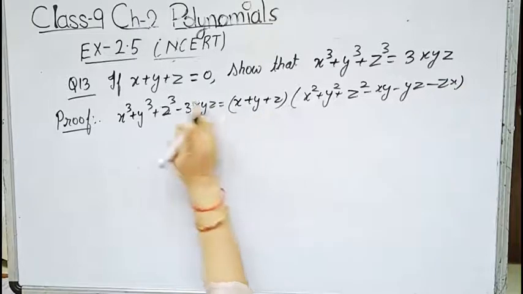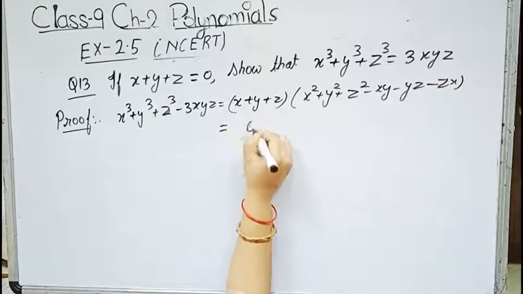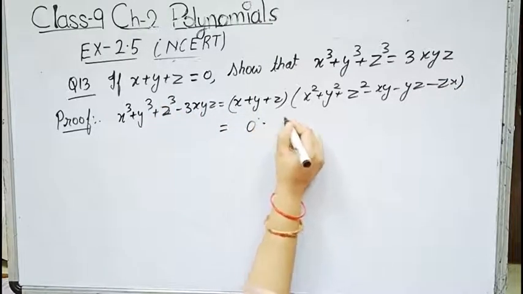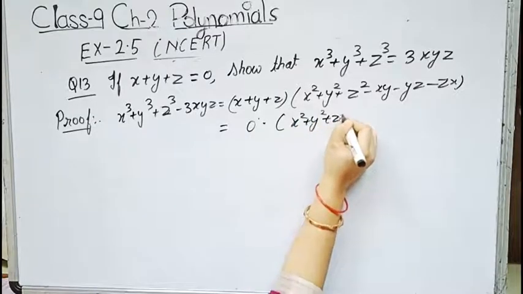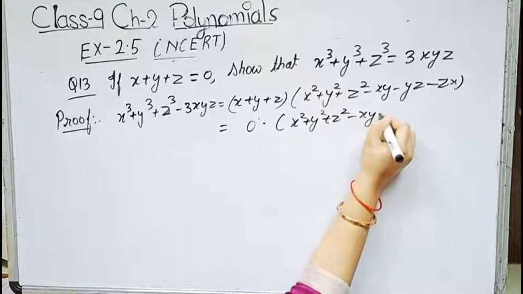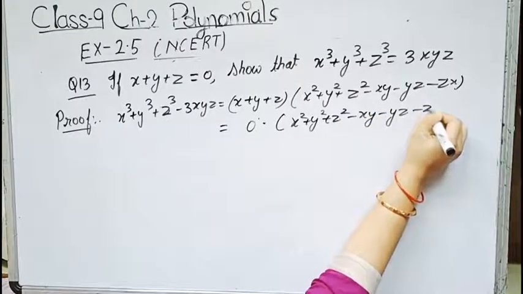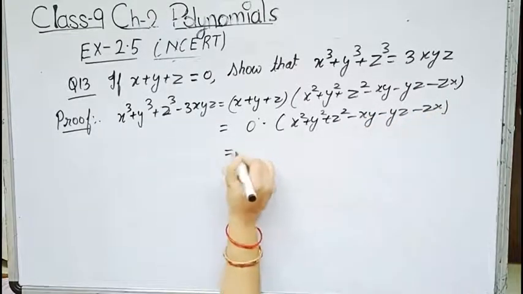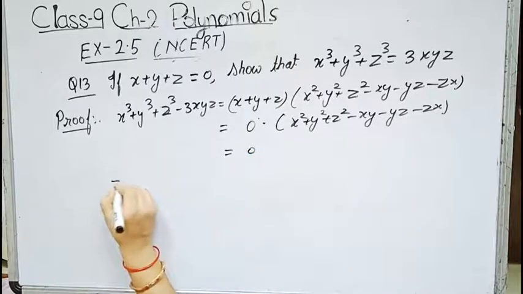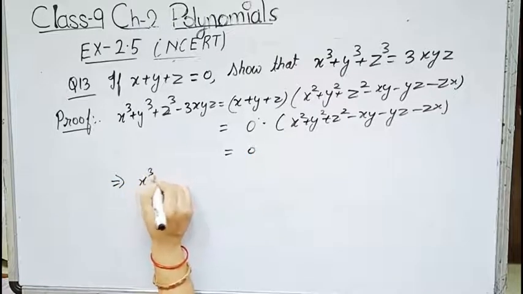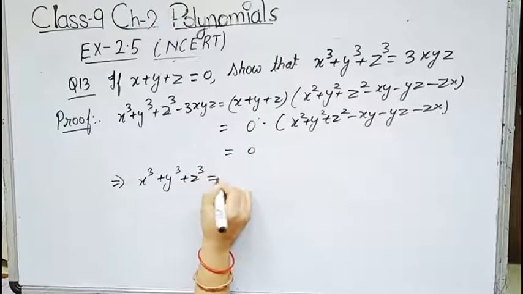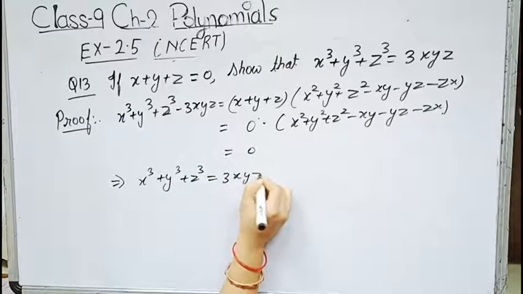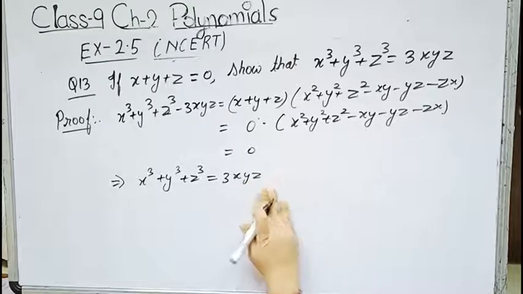Now this x plus y plus z is given as 0. So if we write 0 into this much, it will obviously be 0. So this equals 0. So we can write this implies x cube plus y cube plus z cube equals 3xyz. Proved.